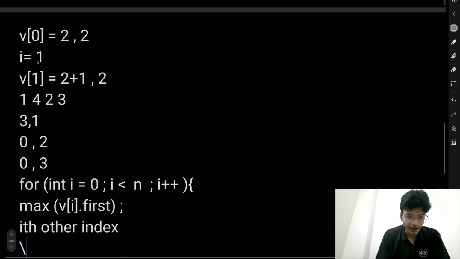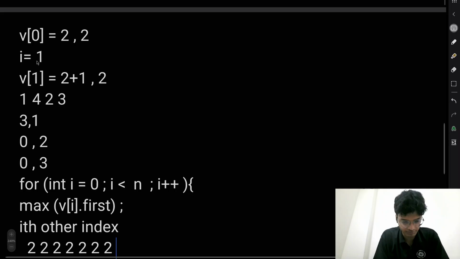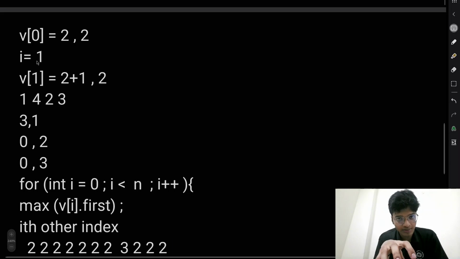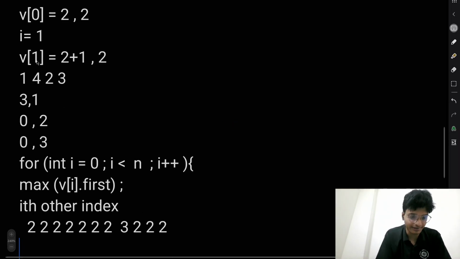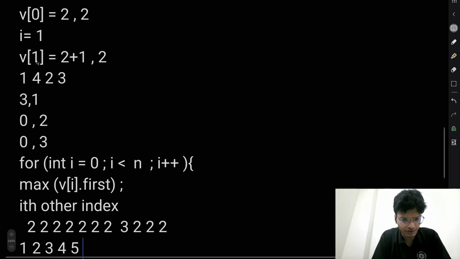For the ith index, i plus 1 gives us 2, i plus 3 gives us 2, i plus 4 gives us 2, and maybe 3, and then again 2. Then we need to store them into some vector and iterate over all of the values, and that will cost us around order of n square again. Why? 1, 2, maybe 3, and then 4, and then 5.